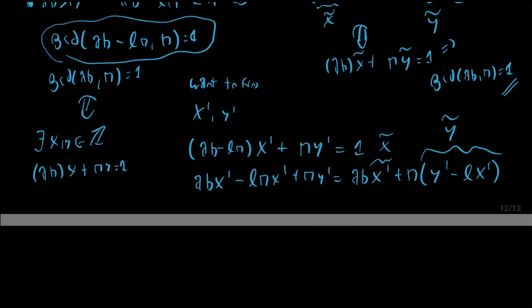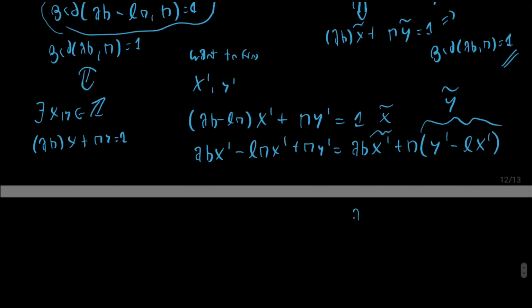This is just an expression of the form ab times something plus n times something. Now, by selecting this x tilde, which is actually x prime, equal to x, where x is the old integer that we know, combined with a y in this linear combination, will yield a 1.